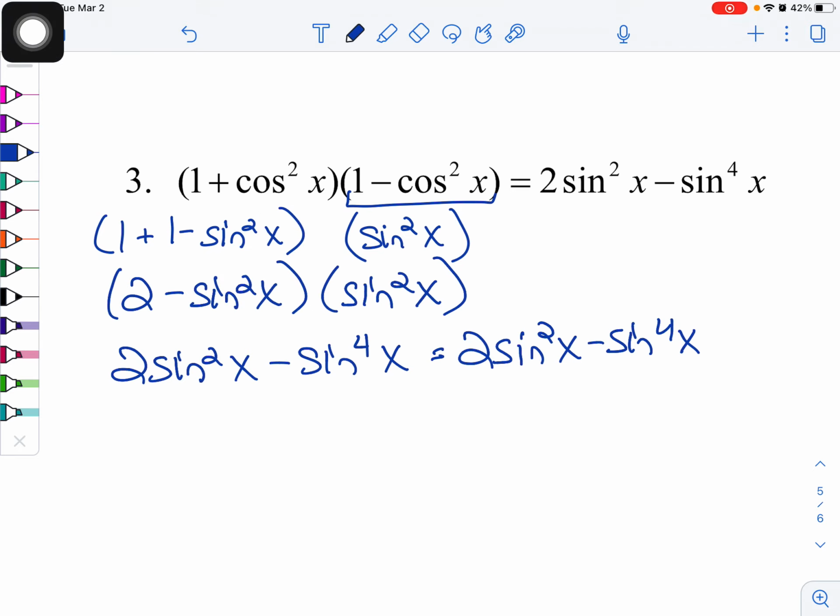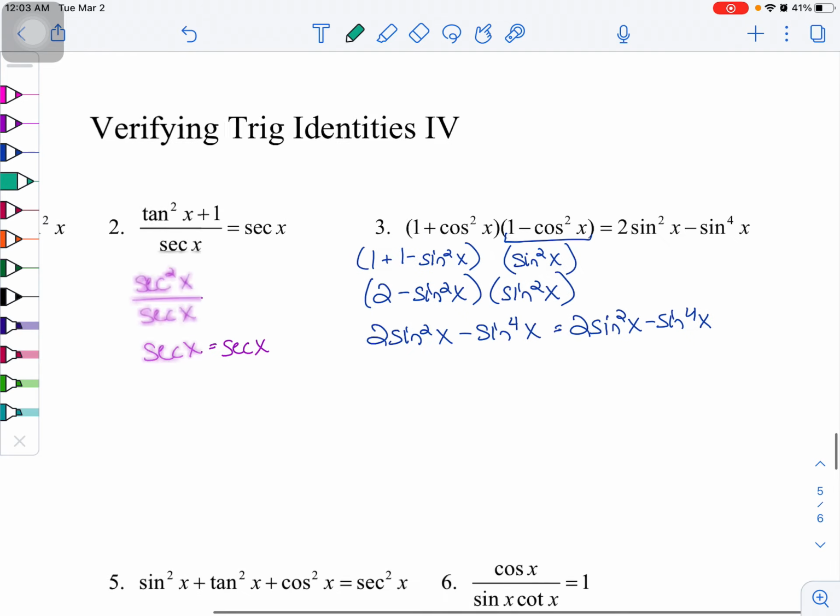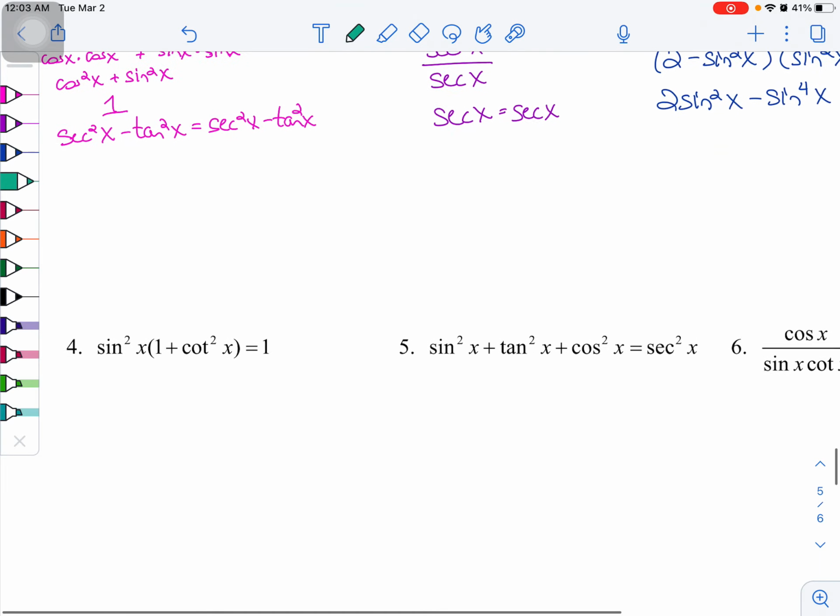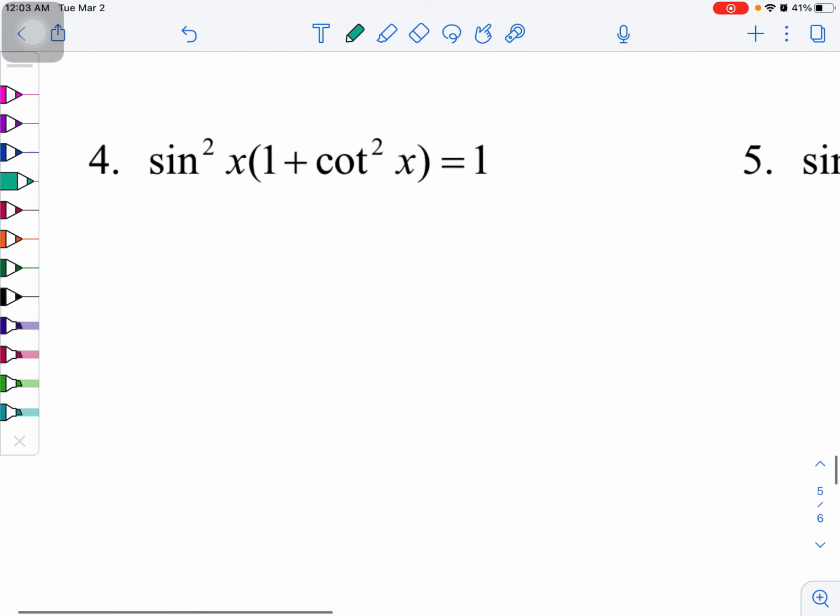So I replaced 1 minus cosine squared x with sine squared x and replaced cosine squared x with 1 minus sine squared x. So using a lot of those Pythagorean identities, we're going to be able to solve some of these problems. Or technically, we're not solving, we're verifying them. So number 3, I now have the right answers in place. Maybe there are other ways to solve it. You can let me know if you've done this a different way. Let's slide on over to number 4 here.